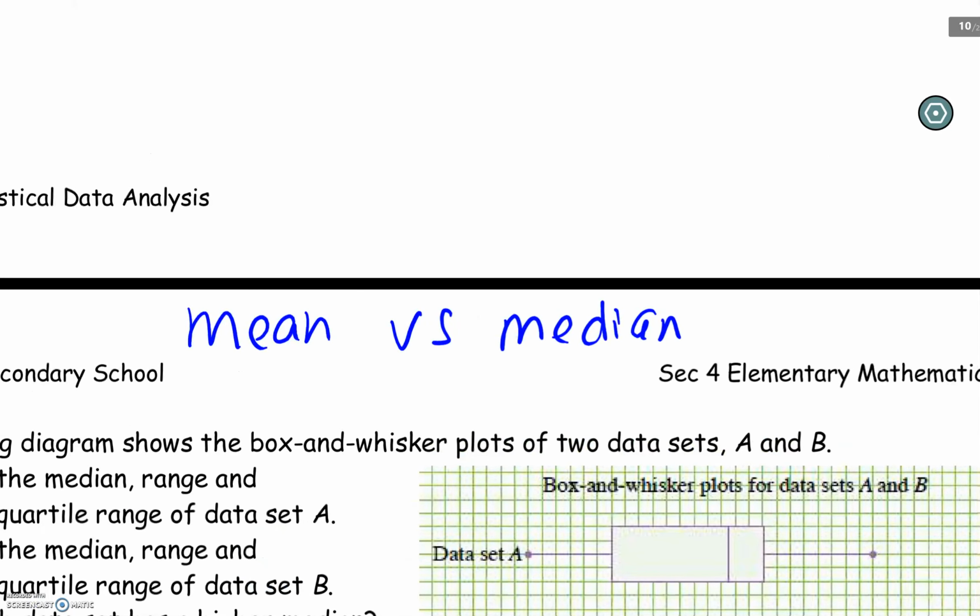Now, median is to select the center person, the middle person. Okay? Now, the answer is on any data, usually we calculate median. Because median is more accurate.